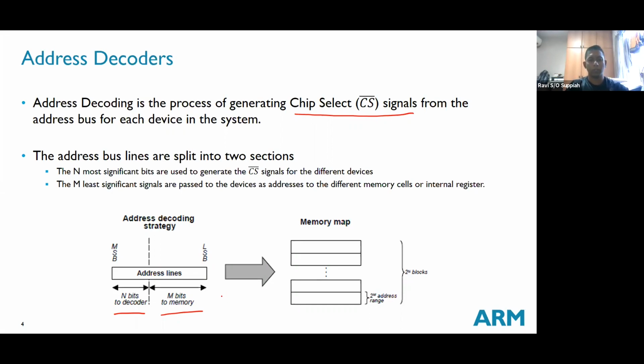The lower bits that go towards the memory or peripheral are the ones that keep changing, whereas the ones that go to the decoder remain constant throughout the entire access. Later, when you look at the example, you will see how this works out.